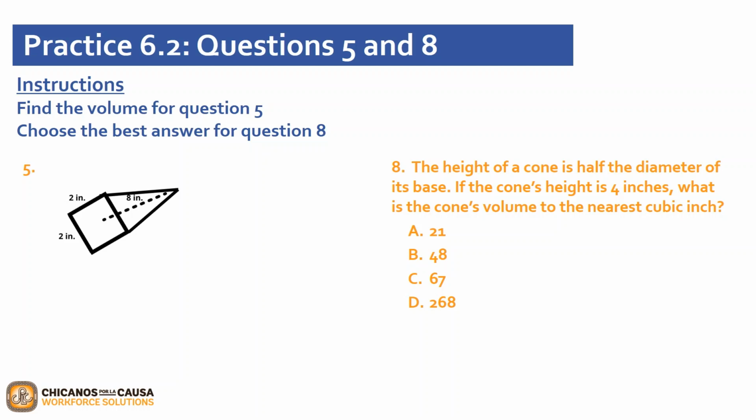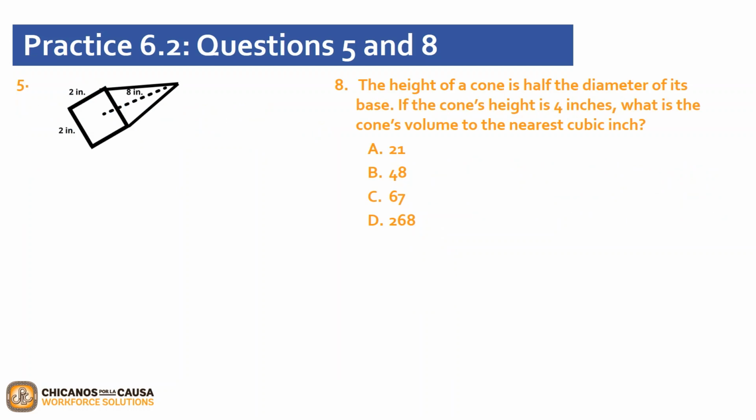Let's start with question 5. For question 5, we're going to find the volume. This looks like a pyramid. It does not look like a cone because it has a square base. Remember? Square area equals side squared. The formula is volume equals 1/3 times the base times the height.